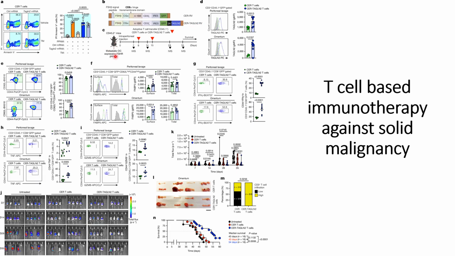They did the experiments in the way shown in panel C, where they inject these CAR T cells and then do the analysis at 7 days, 14 days, 28 days and 35 days. And what they found is that in the case where they use the modified CAR T cells, that is SIR TAGLN2, they see increased overexpression of TAGLN2 in both conditions, that is at peritoneal lavage and also at omentum lavage.